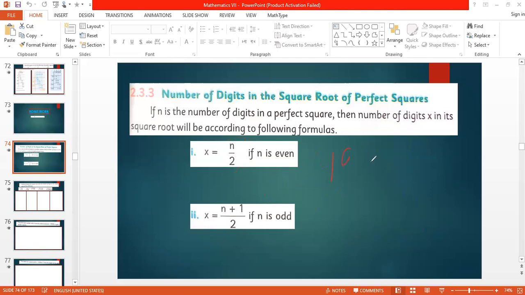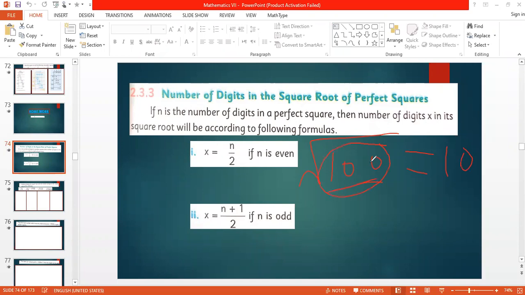And let's take a simple example, 100. What is its square root? 10. Yes, exactly, the square root is 10. Now, the number of digits in 100, how many digits are there? 3.